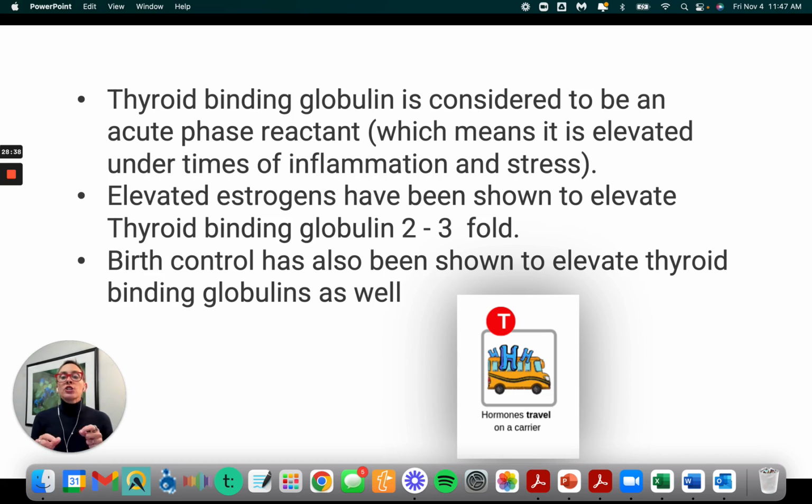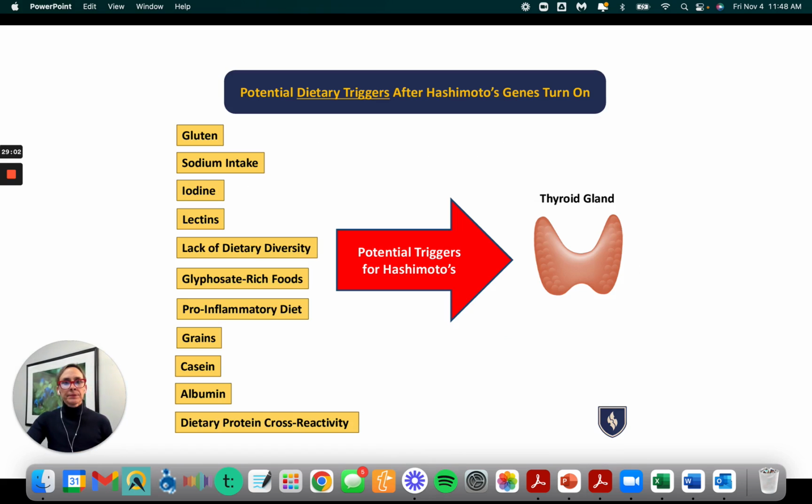So just by nature of being inflamed and under stress, you're holding on tighter to your hormones. Also, elevated estrogen has been shown to elevate your thyroid binding globulin. You have more buses, you have less free hormone. Birth control has also been shown to elevate thyroid binding globulin. So more buses, more bound hormone, less available for activity.